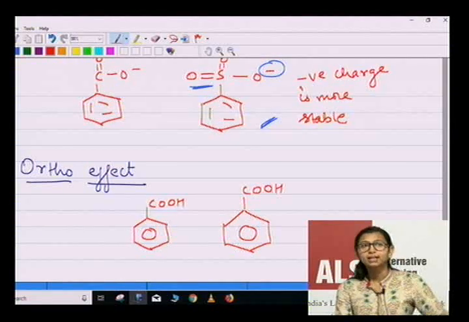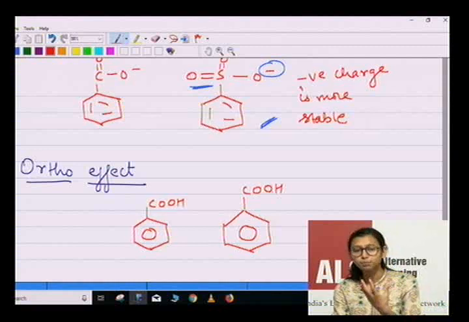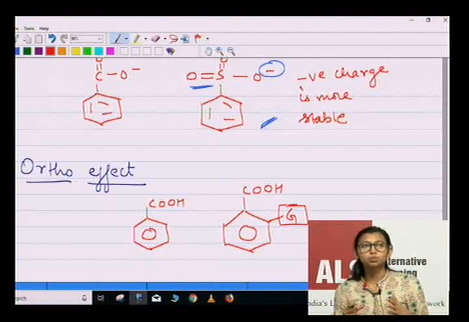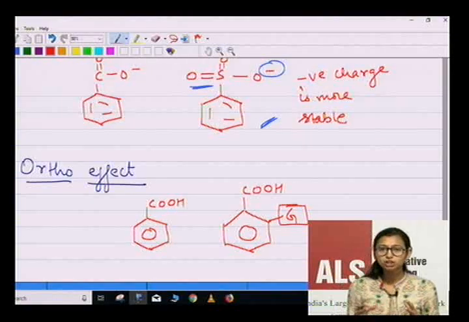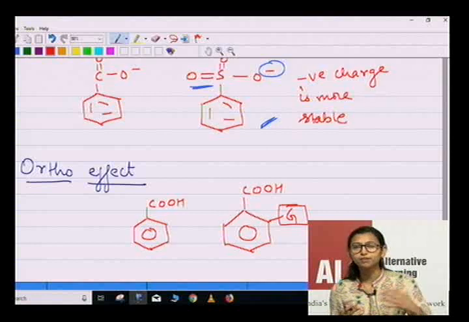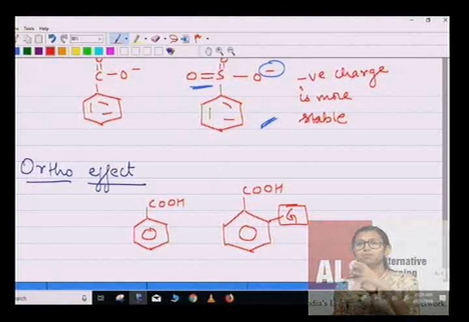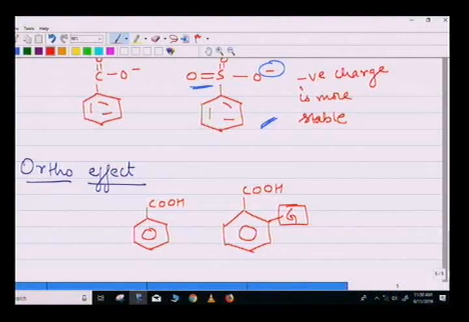It doesn't matter which type of group it is. I can have any group, any G group. I am writing the word G here, okay. G is for any group. If I give this question to you now, you will see whether G is an electron withdrawing or releasing group, then we will find the order, okay.